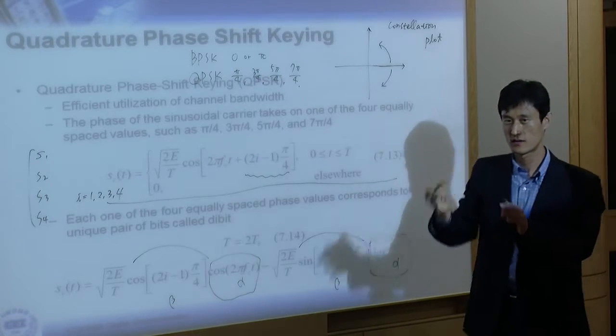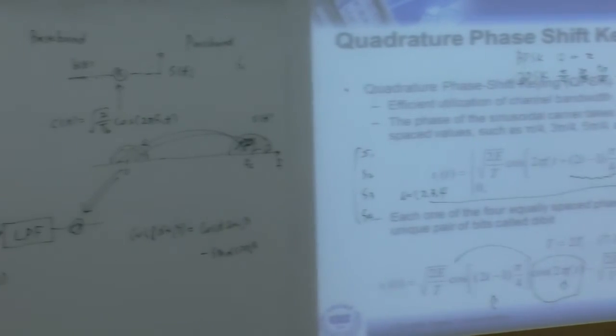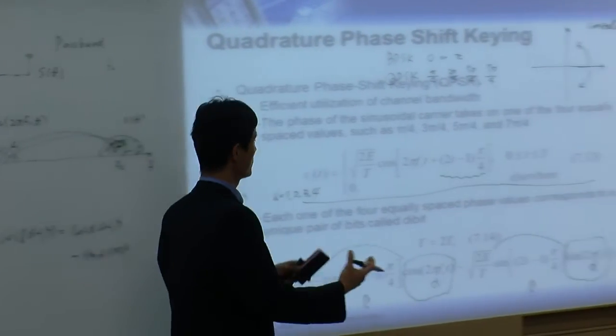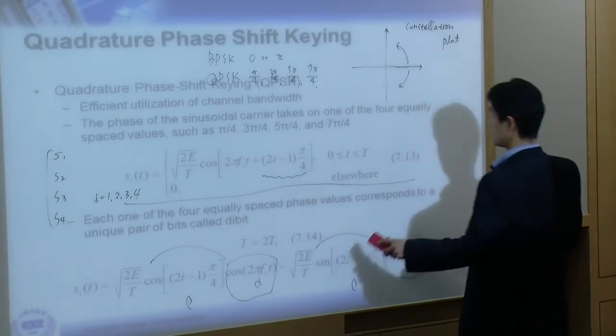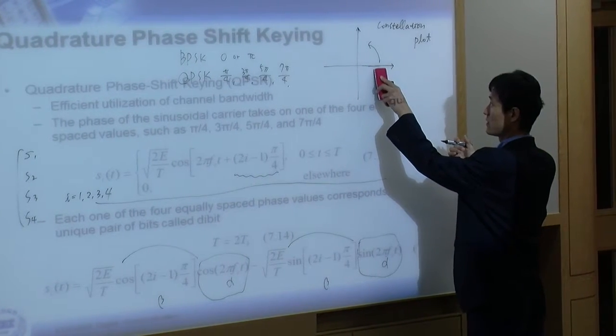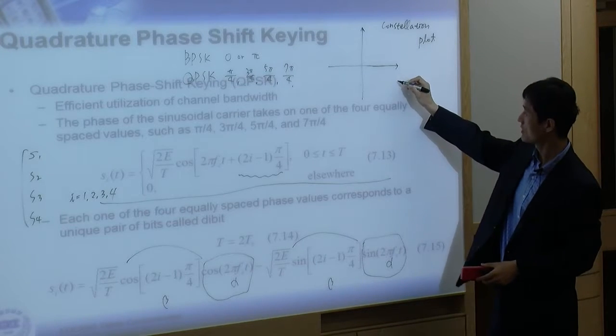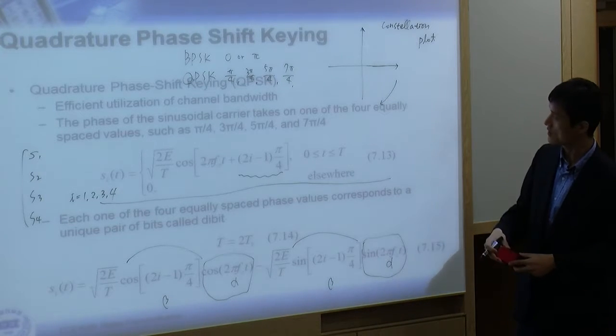It doesn't matter. Okay? It doesn't matter how to rotate. Because what is important is a relative difference. In this picture, I think what they are doing is rotating this way. I think that's what they are doing here.